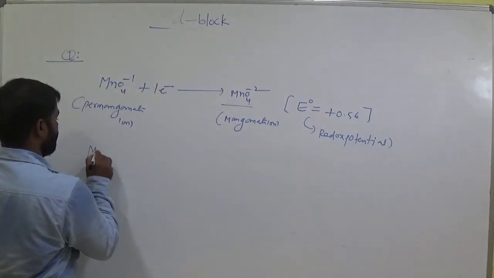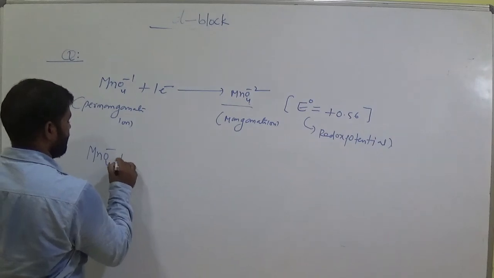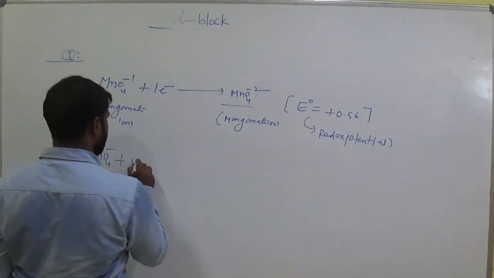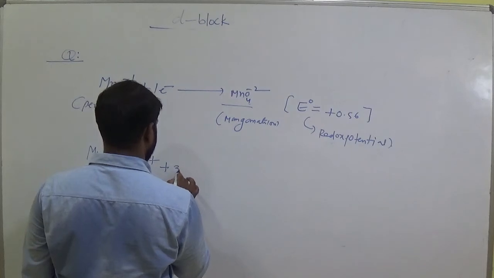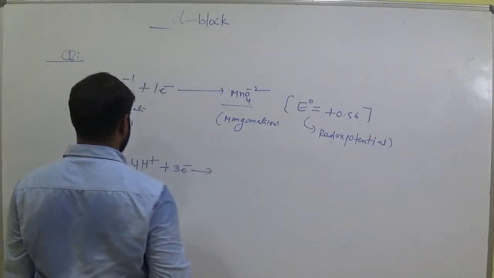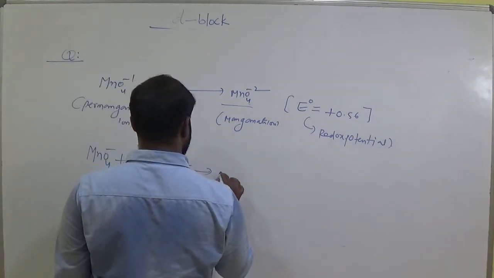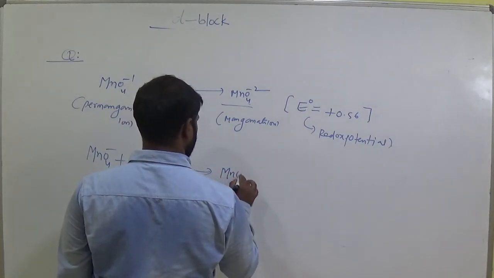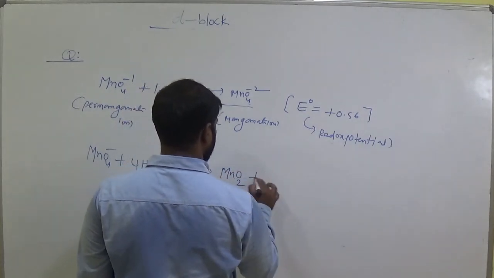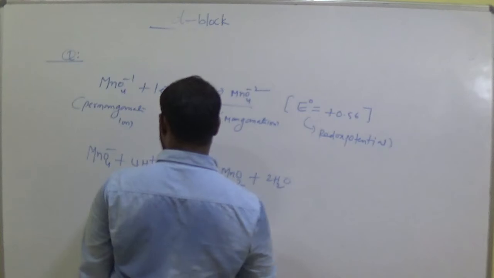And MnO4 minus in the presence of acidic medium gives MnO2 and 2H2O.